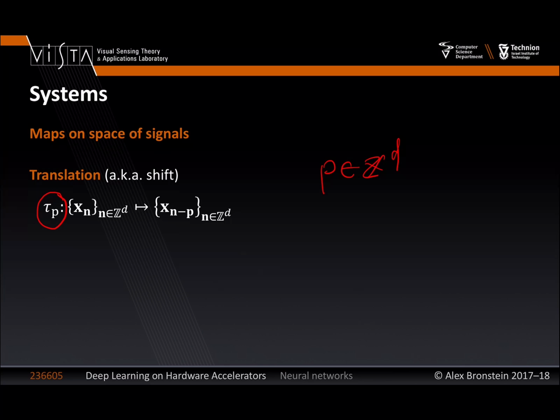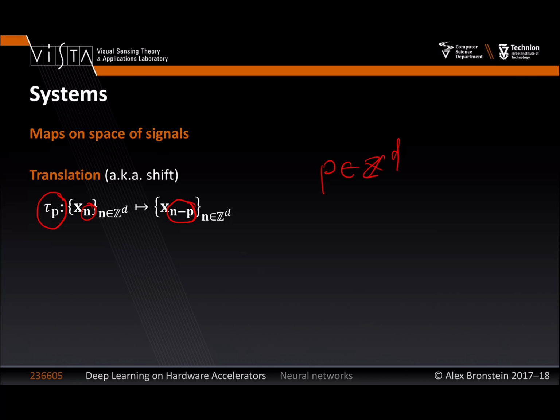So I take a sequence of vectors indexed by the multi-index n, and I produce a sequence of the same vectors shifted by p. So you can think, if d is 1, if it's a one-dimensional signal, a time signal, this will be just a delay. Okay. So let's say p is 10, I'm delaying by 10 samples.